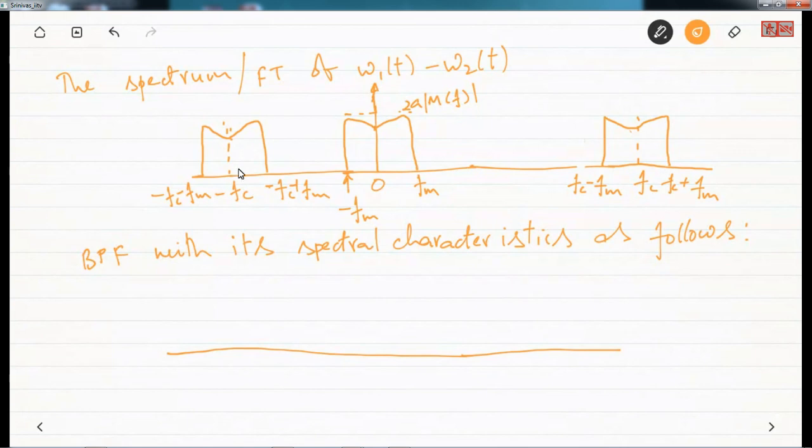So obviously the band pass filter characteristics would be, it should have a flat response over these frequencies.